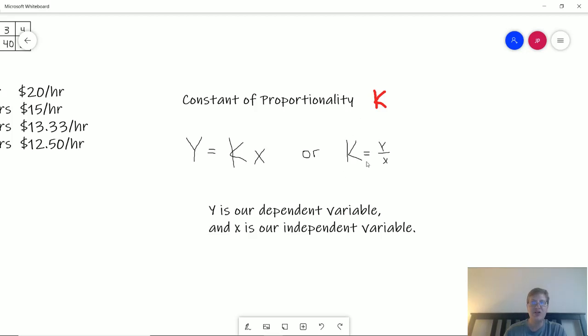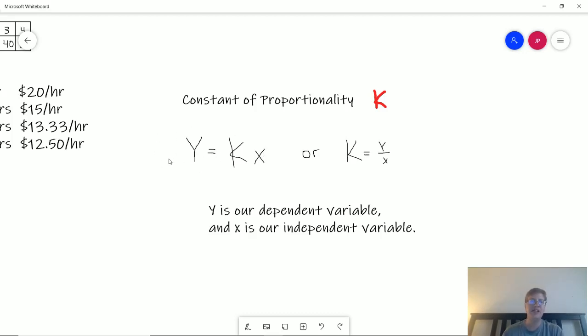And so we can solve for that by taking, let's say, the amount of money that I earned over my independent variable, which would be the number of hours that I worked. So the dependent variable is going to usually be the answer to how much of something we're going to get. So if I earn $20 an hour, I would take my unit rate of $20 times the number of hours I work as my independent variable, because that can be different.